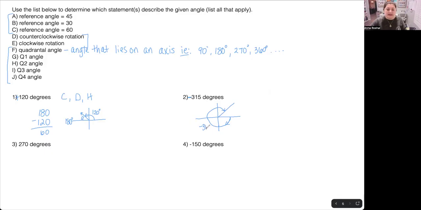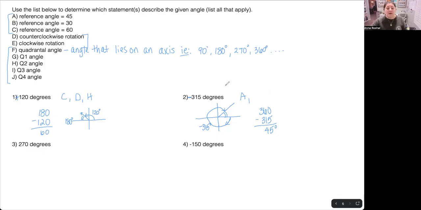So if this is negative 315, I know that this is going to be my reference angle. So that means I'm going to take my full 360 degrees, subtract 315, and end up with 45 degrees for my reference angle. So my reference angle is 45 degrees. That's going to be choice A.